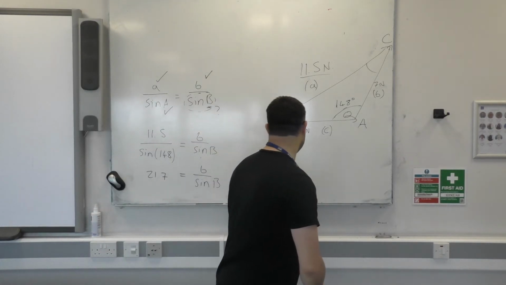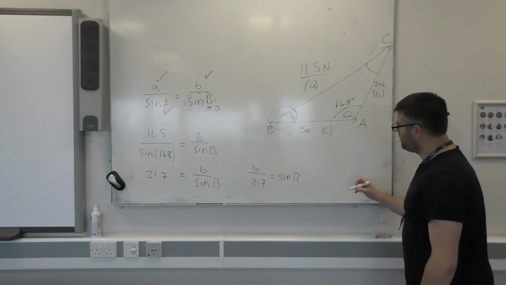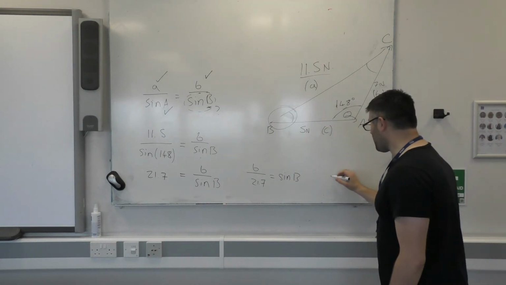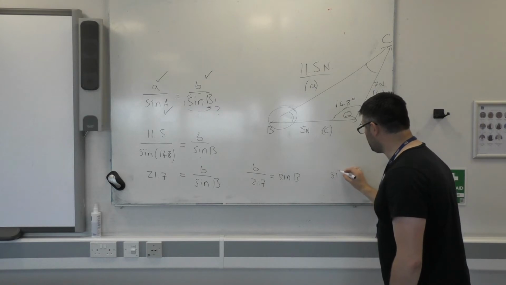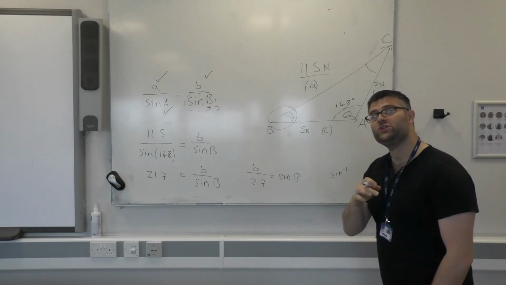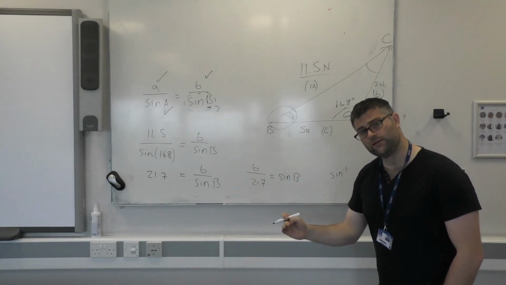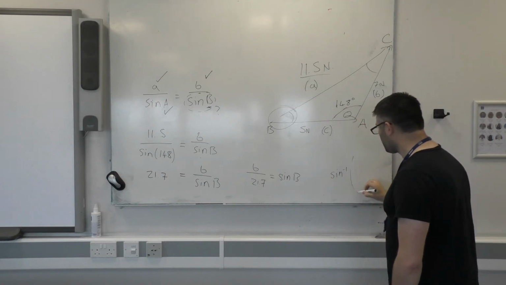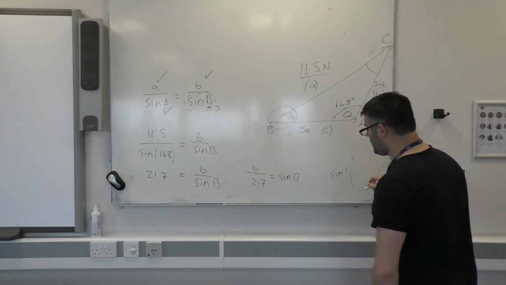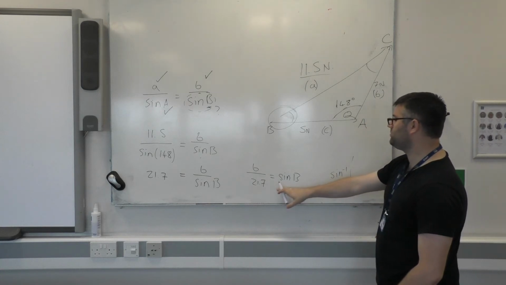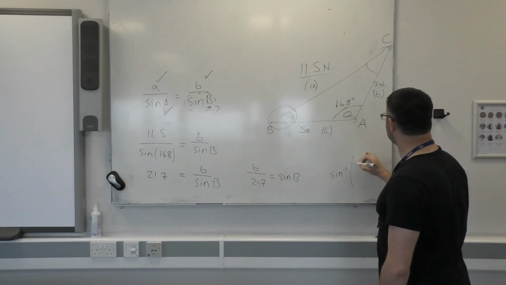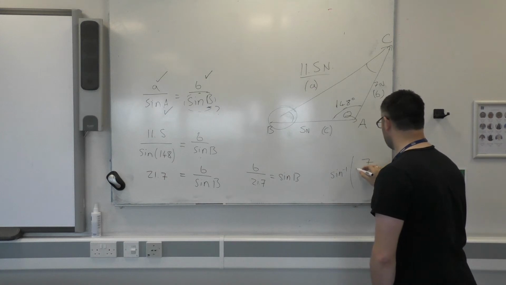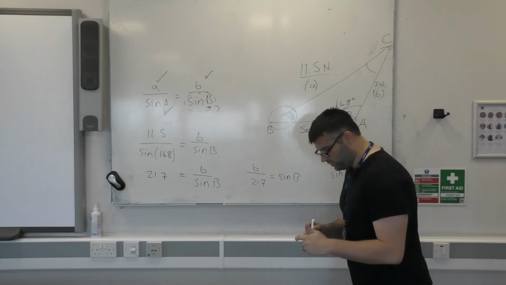And therefore, finally, for those of you who are good at maths, you will realise we can use the inverse sine function, which is shift sine on your calculator to get that symbol to come up. That will open a bracket, and you should then be able to do B, which is 7 over 21.7, which is what we worked out before.